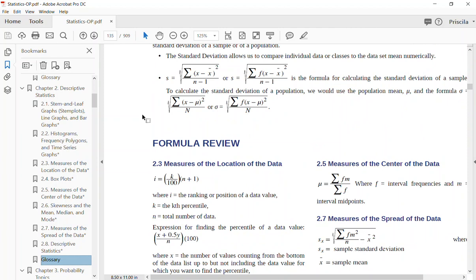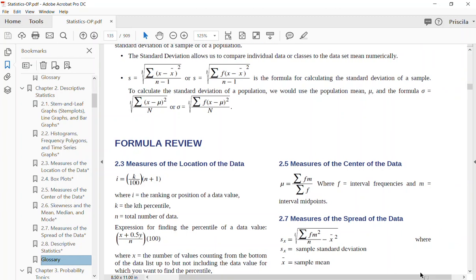Why do you see sometimes a capital N, which I can do right now, or a small n? The difference is that when you're talking about a capital N, you're talking about the whole population. If you're talking about a small n, you're talking about a sample of your population.